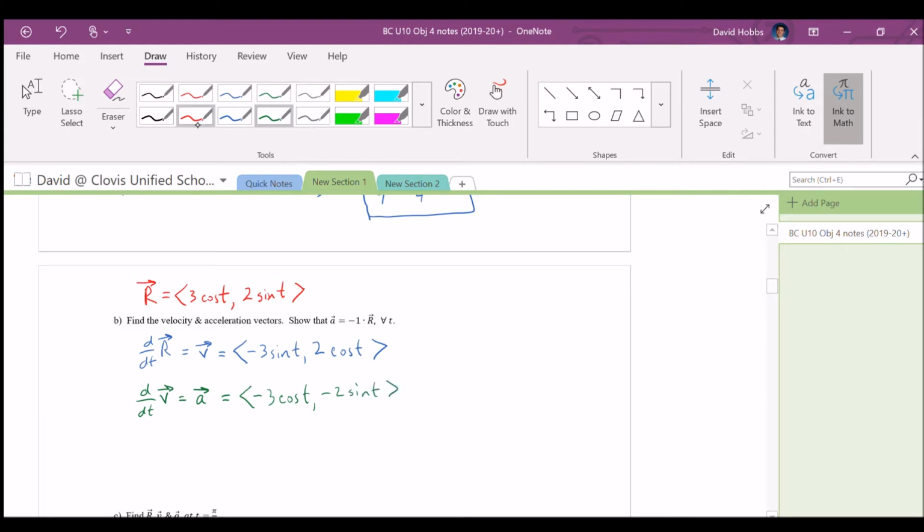Okay, so there are the velocity and acceleration vectors.